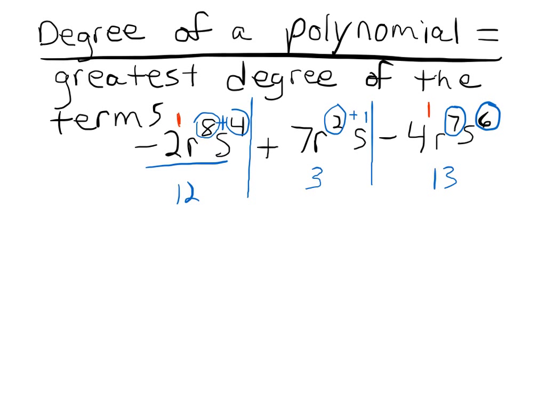Okay, so I just found the degree of each monomial, right? Like we just did on the previous page. But to find the degree of the polynomial, we simply take whatever one of these is biggest. So which one's bigger, 12, 3, or 13? Okay, the answer is 13.